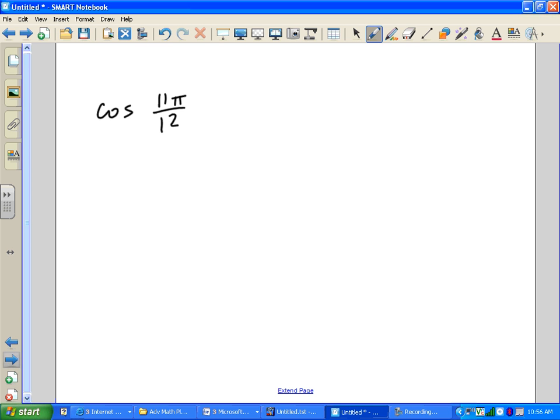So let's try to think of two numbers here that we can use to get 11 pi. 5 and 6. Now do we have a 5 pi over 12 though? No. So let's try to think about two other numbers. Let me think just a minute. All right, I think that'll work. 9 pi over 12 and 2 pi over 12, right?